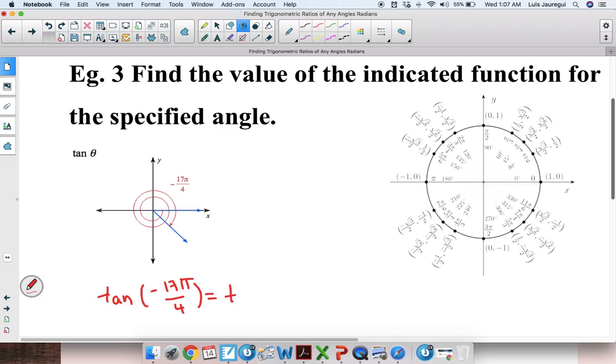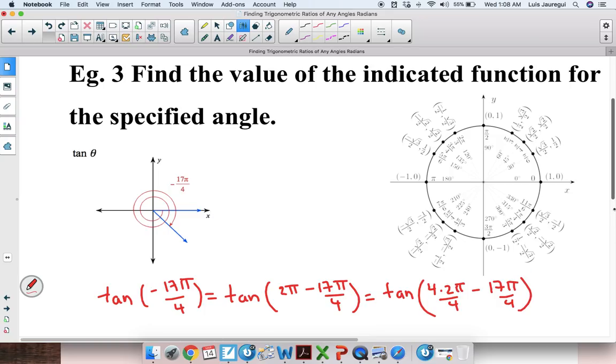So we can say that this is the same as tangent of, let's say, 2 pi minus 17 pi over 4. Let's look for the common denominator here, which happens to be 4. So we have tangent of 4 times 2 pi over 4 minus 17 pi over 4.